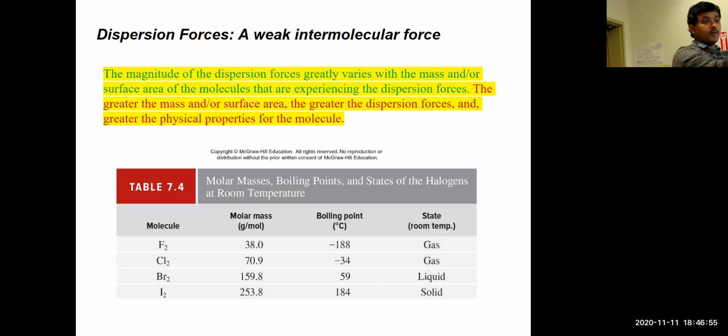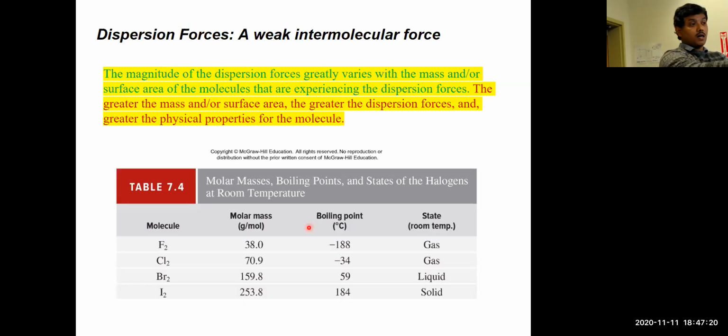Here you have comparative examples from the same group: fluorine to chlorine to bromine to iodine. Same group, but from different periods, which means they have different masses, right? 38 to 70 to 160 to 253. So what we just discussed is that mass is a good indicator in predicting London dispersion forces, because most of the time it is related to surface area as well.